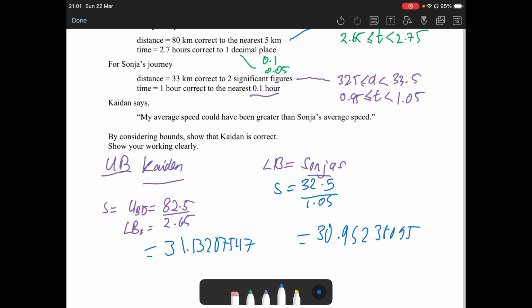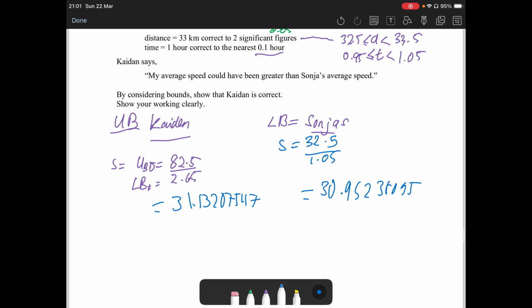So yes, Caden is correct. Correctamundo.